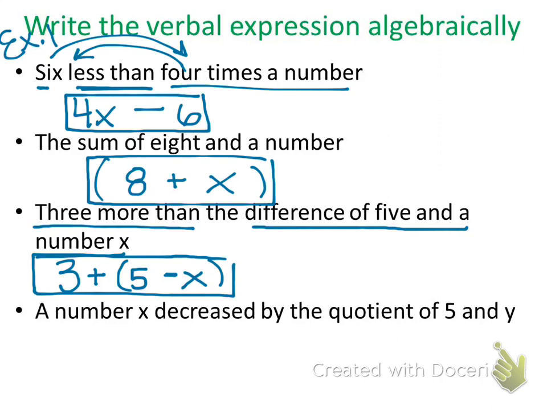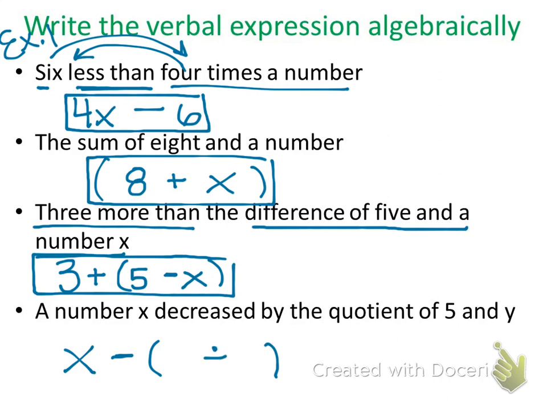All right, last one. A number x, so I have a number x, decreased by. What does the word decreased by mean? Subtraction. The quotient. What does the word quotient mean I need? Parentheses. What does quotient mean? What operation?